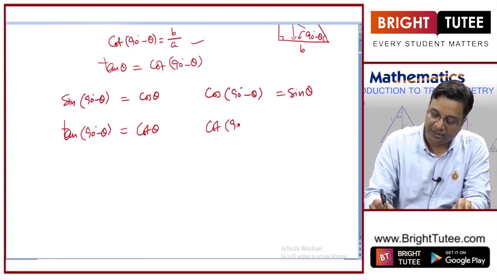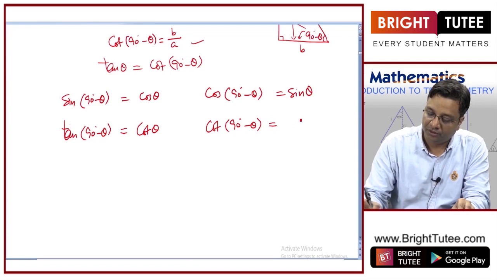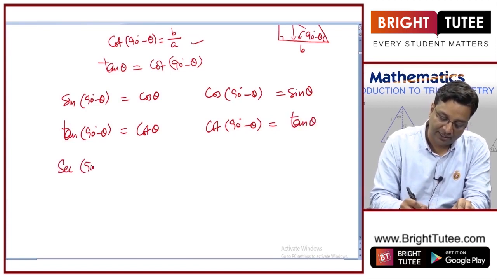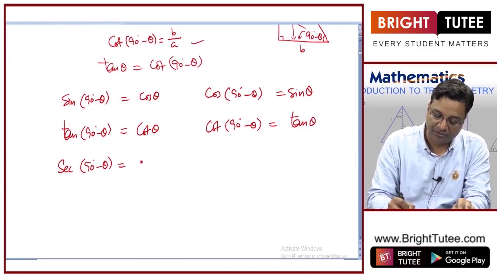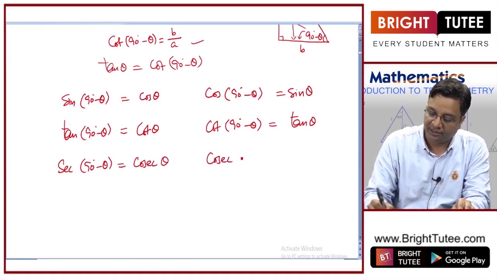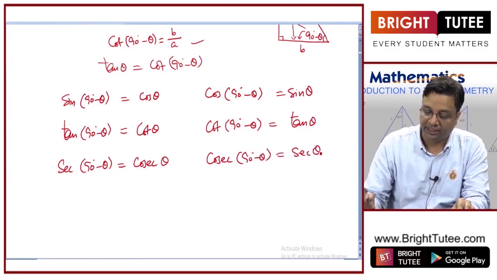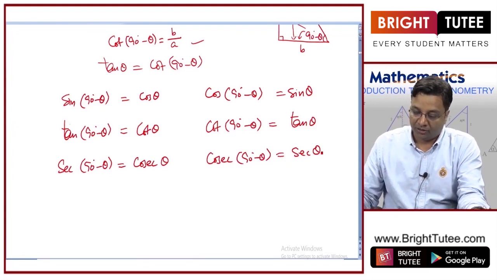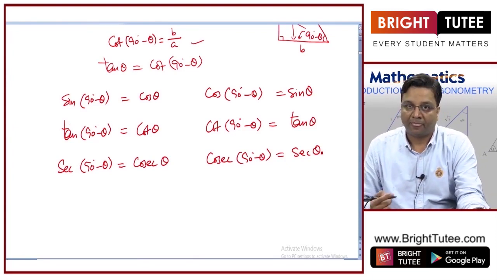Cot 90 minus theta is equal to tan theta. Secant 90 minus theta is equal to cosecant theta, and cosecant 90 minus theta is equal to secant theta, right? So let's solve some of the questions in this chapter.